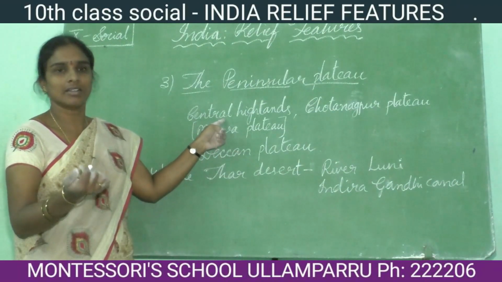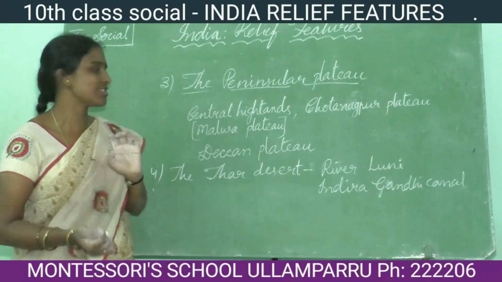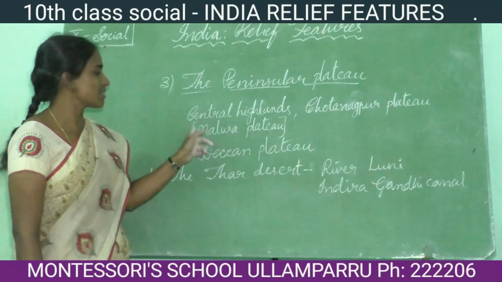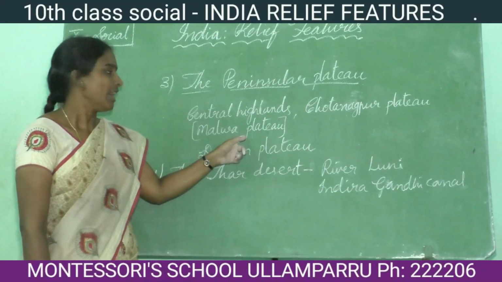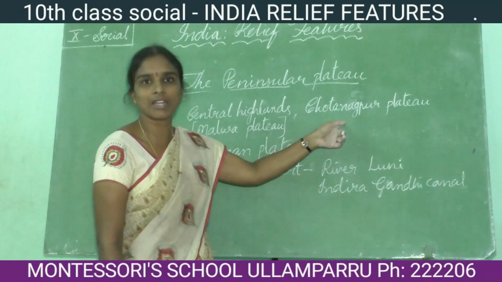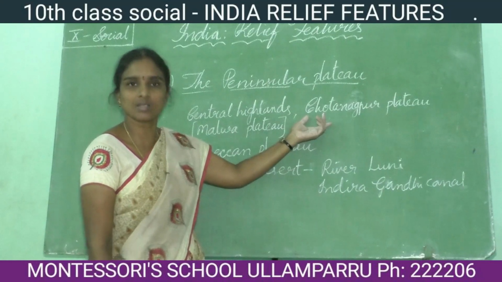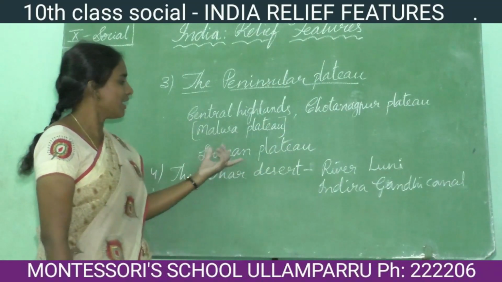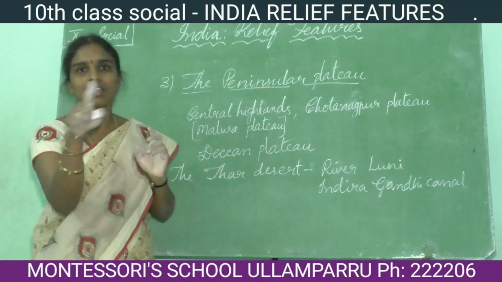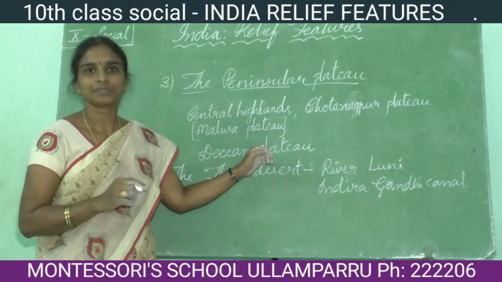To that place we can say this is the extension of the Central Highlands, also called the Malwa Plateau. To the east of the Central Highlands there is the Chota Nagpur Plateau, which is rich in mineral resources. To the south of these two, there is a triangular plateau region called the Deccan Plateau.